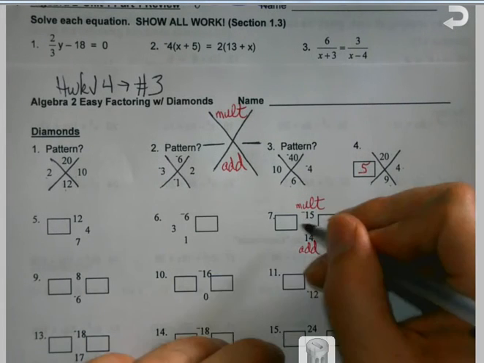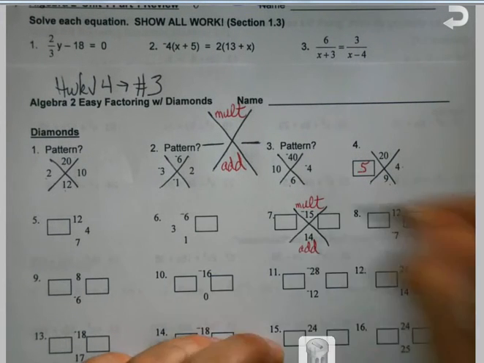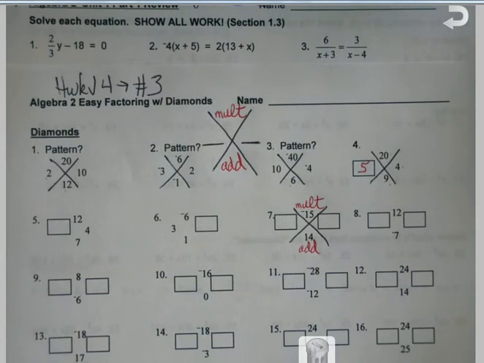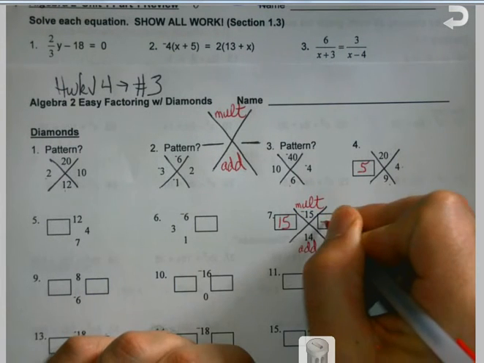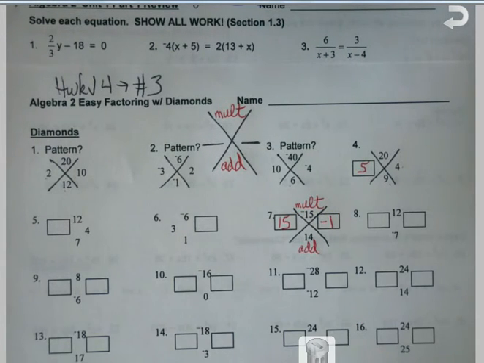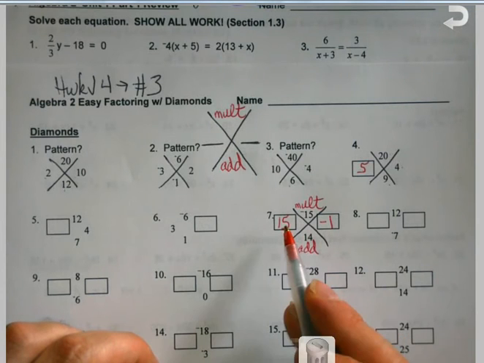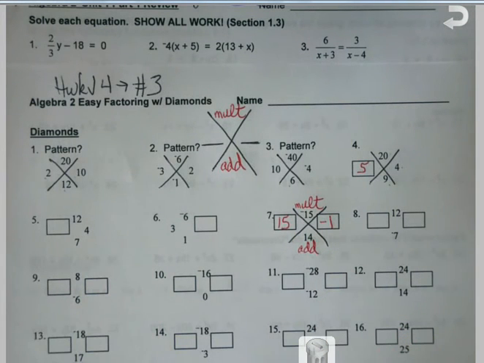So let's see here. Two numbers that multiply to negative 15 but are going to add up to positive 14. Okay, 15 and negative 1. 15 plus negative 1 is 14. Positive times a negative is a negative.